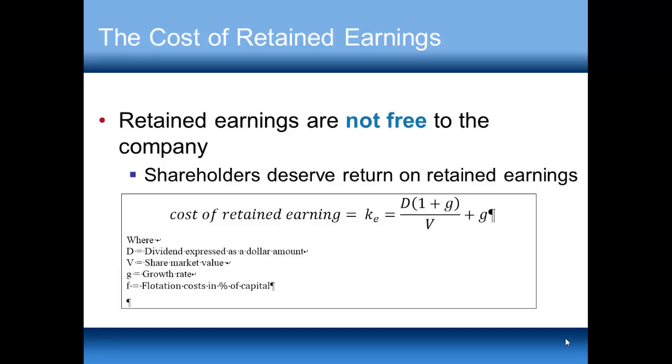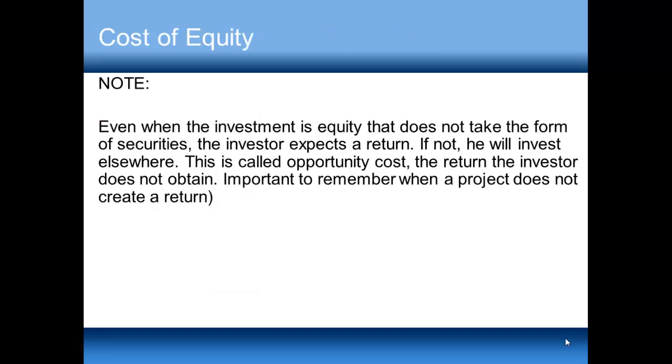The cost of capital would be equal to the current return. Note, even when an investment is equity that does not take the form of a security, the investor is still expecting a return. He can't invest the money elsewhere. This is going to be called opportunity cost. So you need to remember this. The return that the investor does not obtain, that's going to be called opportunity cost.